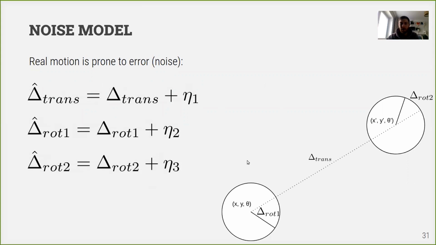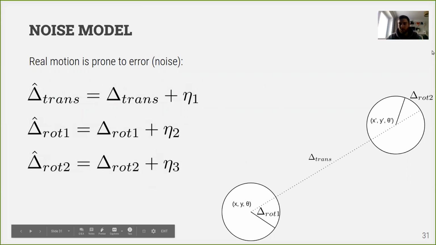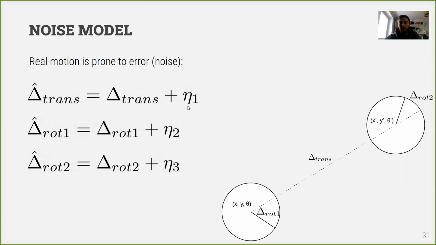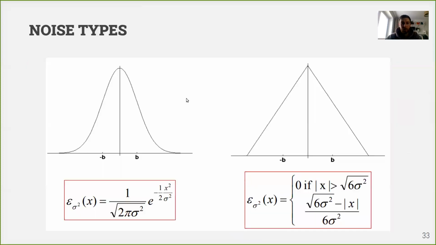We will perform this prediction of our motion 100 times. And for each particle, we will want to generate a random variable here. So for each particle, this noise will be different, but according to the noise law. So if we know our noise is normal, we want to sample from this normal distribution different results, basically different samples.